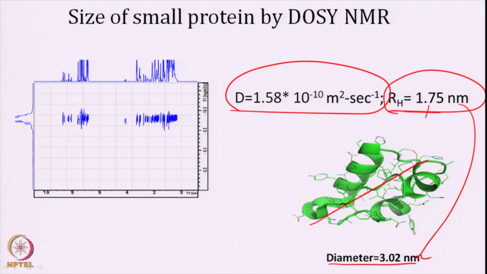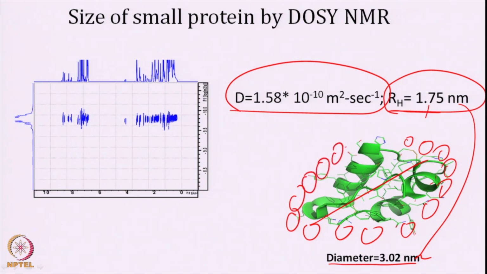You see this molecule is solvated, therefore a bigger hydrodynamic radius is coming, because the molecule is not bare, there are water molecules around it. If you take a diameter, that comes to 3.5, and we are getting very good correlation just by measuring from here to here, which is 3.02 nanometer.